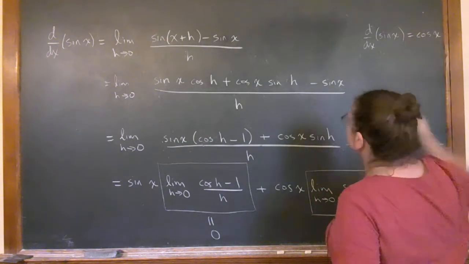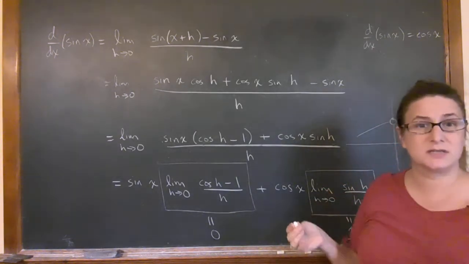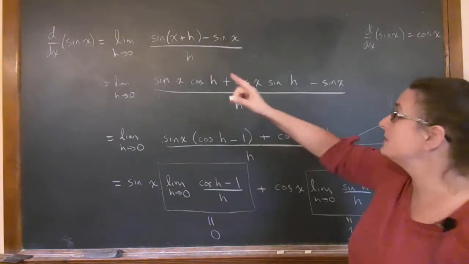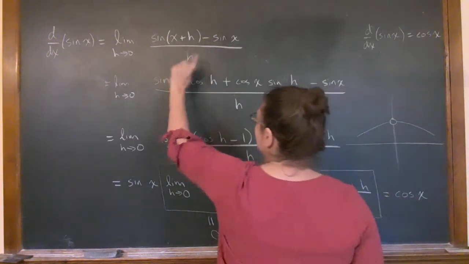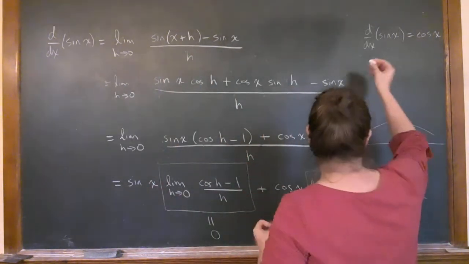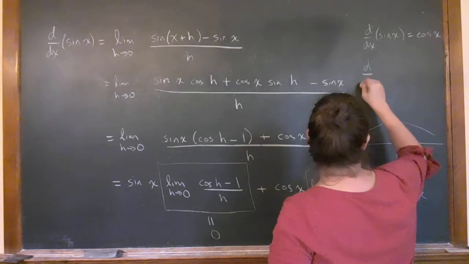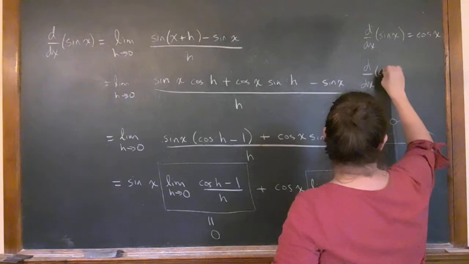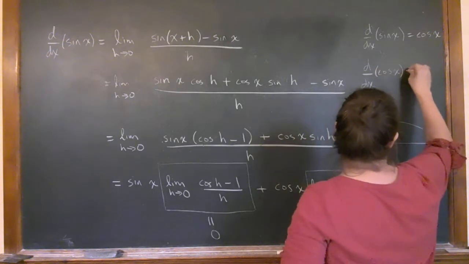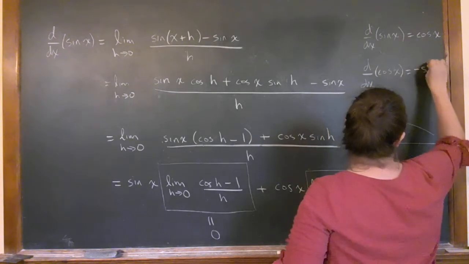And then if you do the same thing for cosine, finding the derivative of cosine, it's very similar, only slightly different, right? But with a very similar proof, you can also show that the derivative of cosine is negative sine.